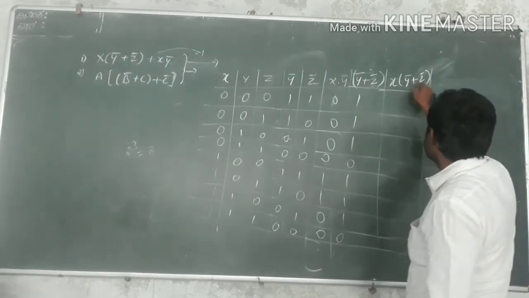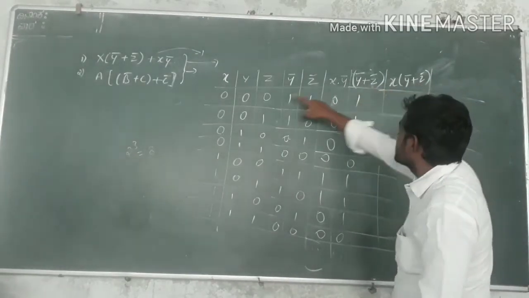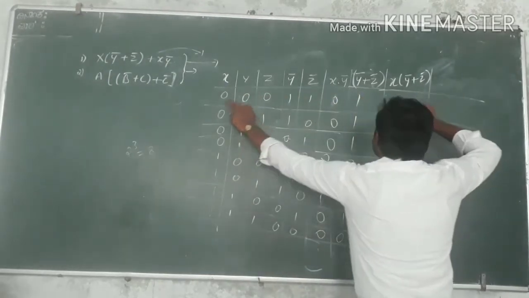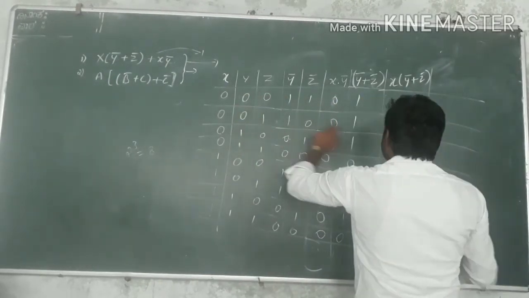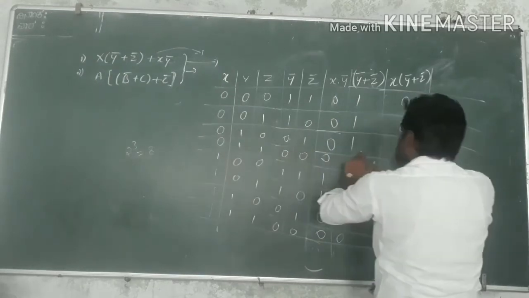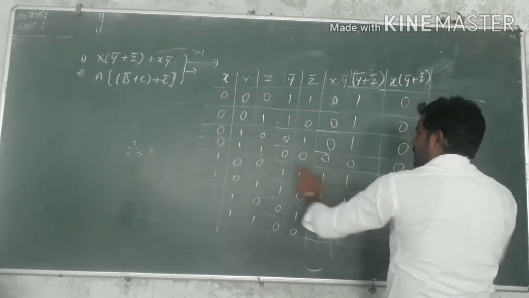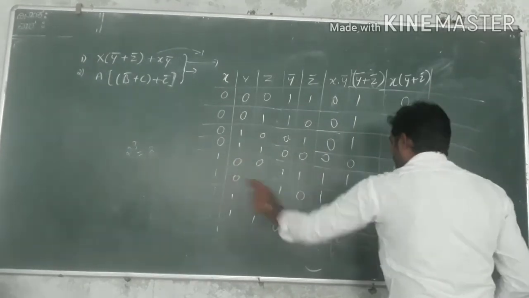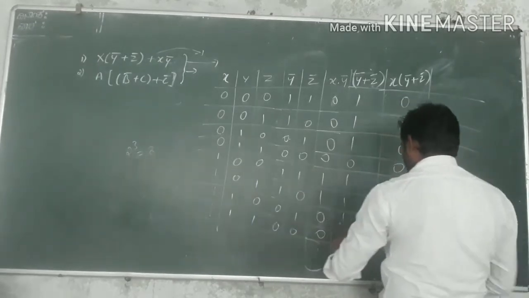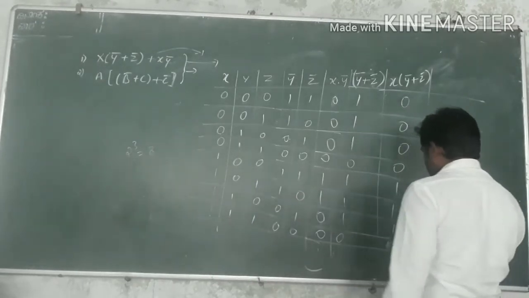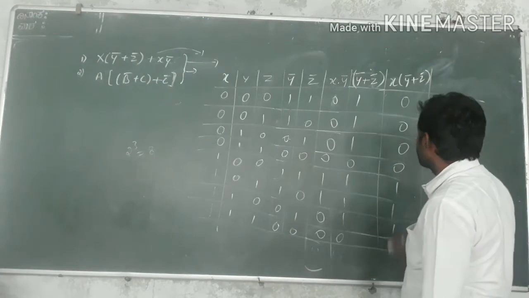So here x we have value, that is x into whole term. 0 into 1 is 0, 0 into 1 is 0, 0 into 1 is 0, 0 into 0 is 0, 1 into 1 is 1, 1 into 1 is 1, 1 into 1 is 1, 1 into 0 is 0.